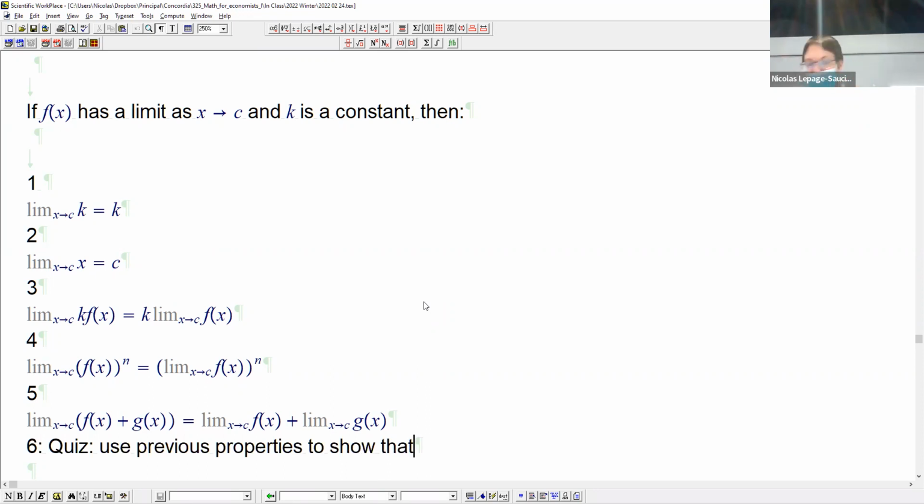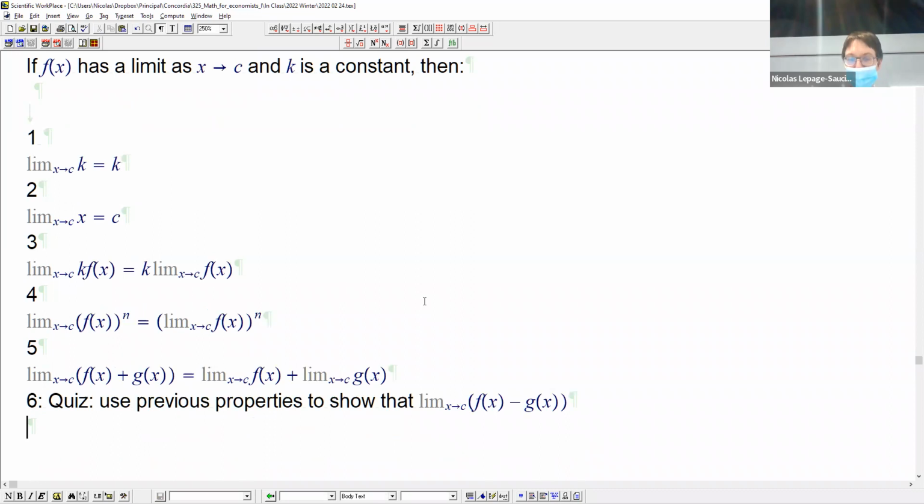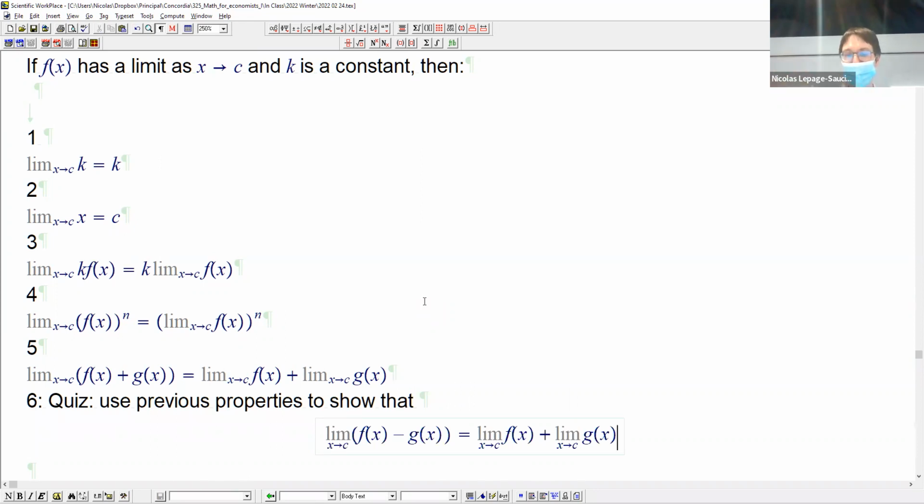What did I want to show? Oh yeah, show that this equals this. This is just to make you practice your proving skills.